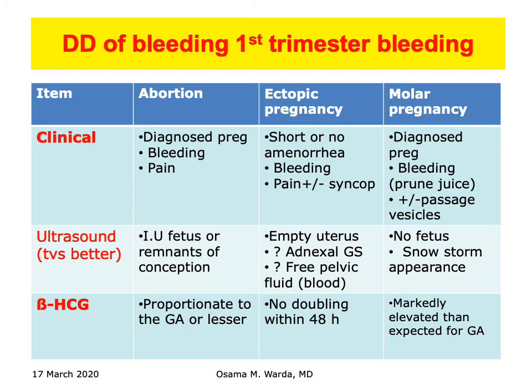Partial mole, in most cases, is diagnosed as missed abortion. Snowstorm appearance, incomplete mole. Beta HCG is appropriate to the gestational age in abortion. Ectopic pregnancy, no doubling within 24 hours, and molar pregnancy, markedly increased levels of beta HCG.